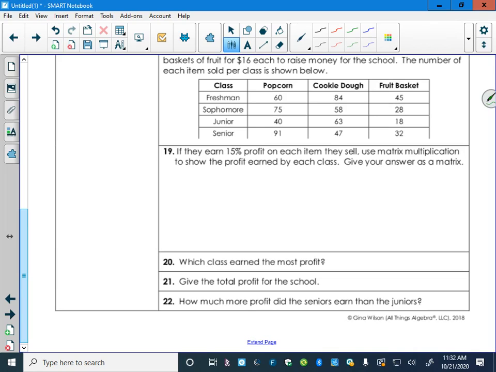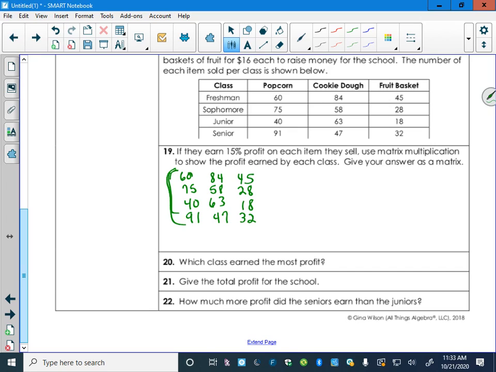All right, I'm going to take those values from the chart. So 60, 84, 45, 75, 58, 28, 40, 63, 18, and I got this bottom row, 91, 47, 32.